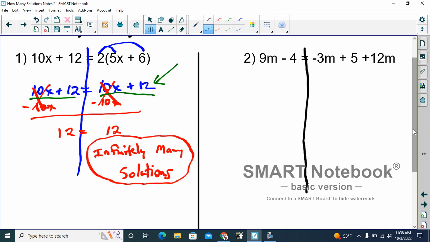I don't have anything I can distribute. I do have some like terms on the right side of my equation, negative 3m plus 12m. We should probably combine those up. Negative 3m plus 12m gives me a total of 9m.